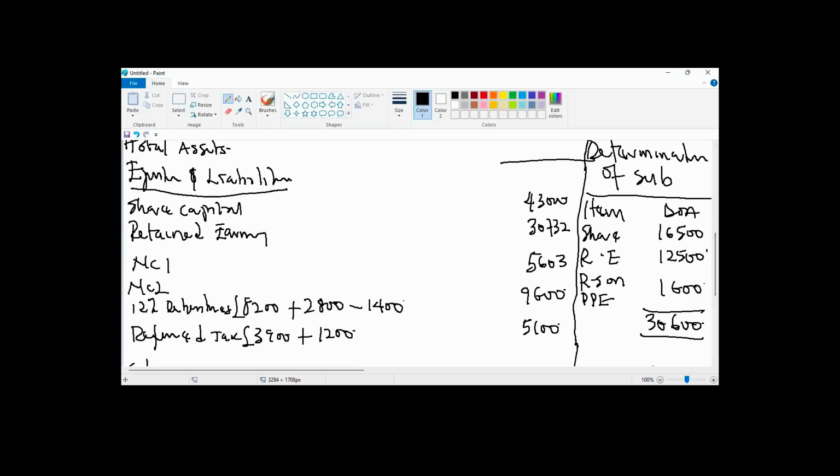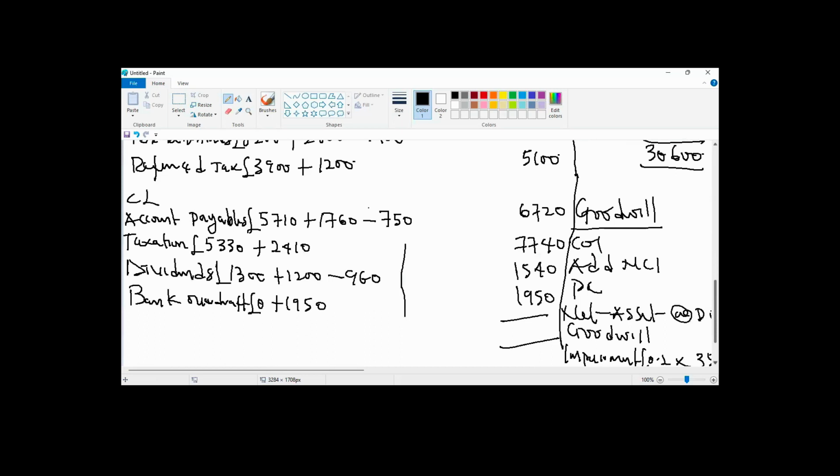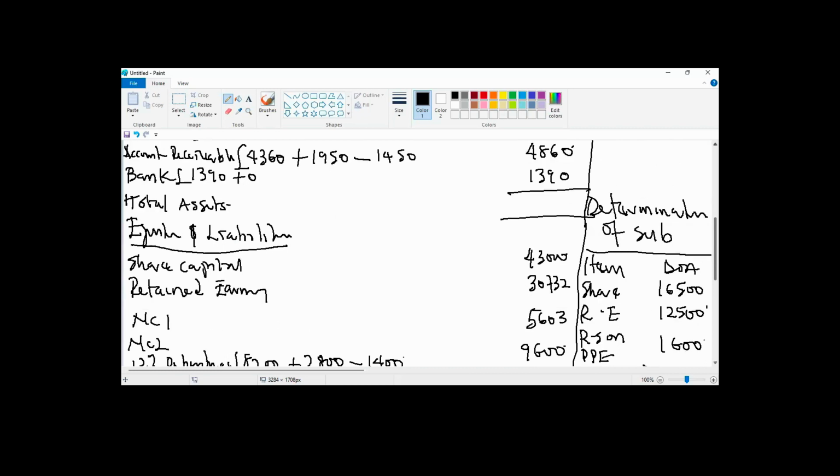Which one? All of them. Yes, total assets and total balanced. 11,985. Like that. That's the end.